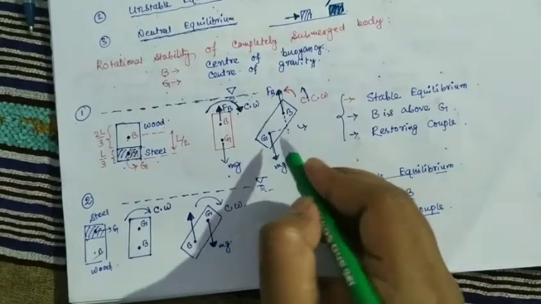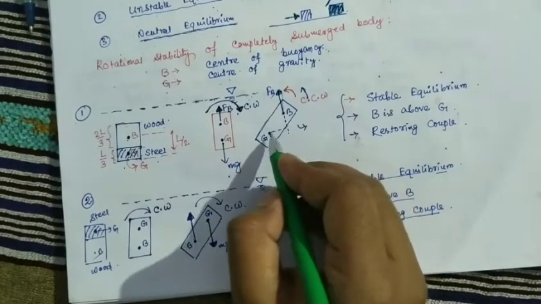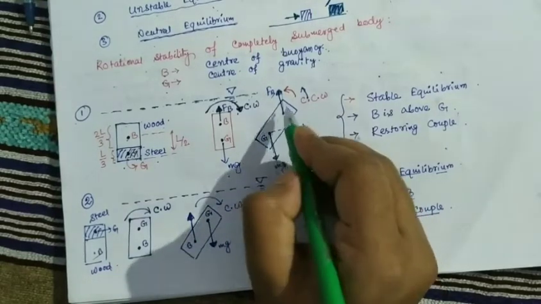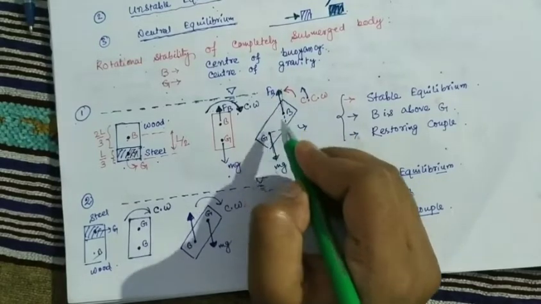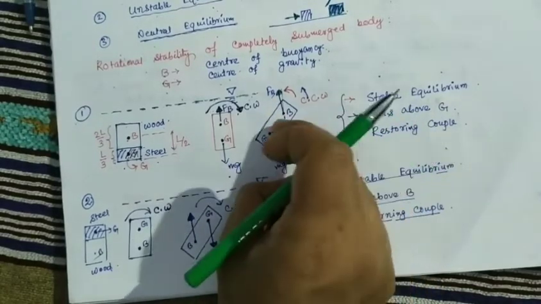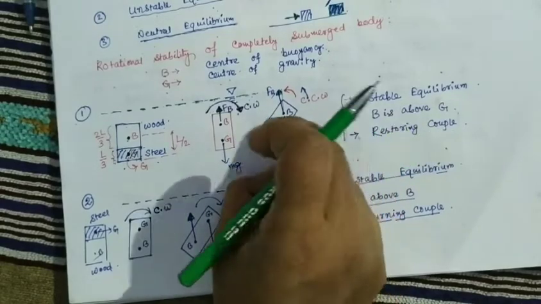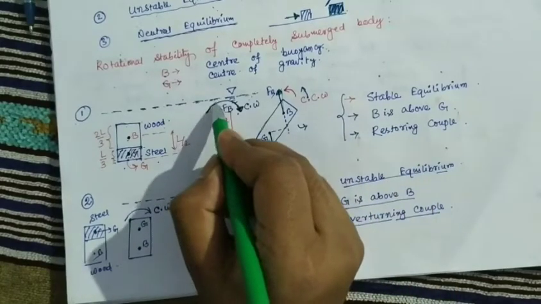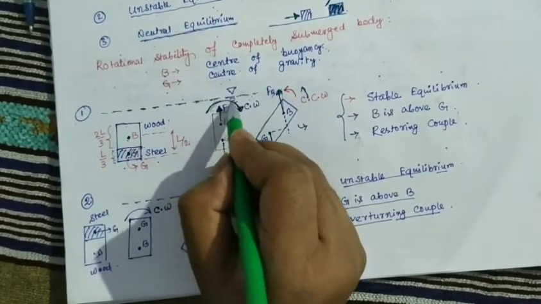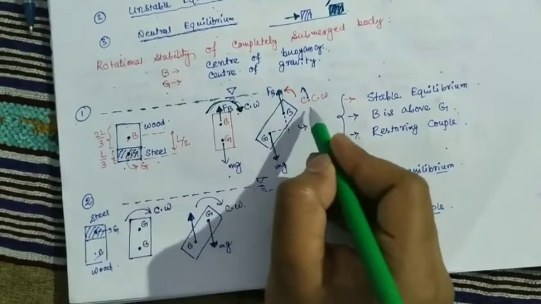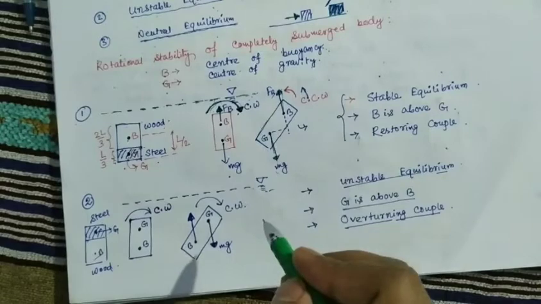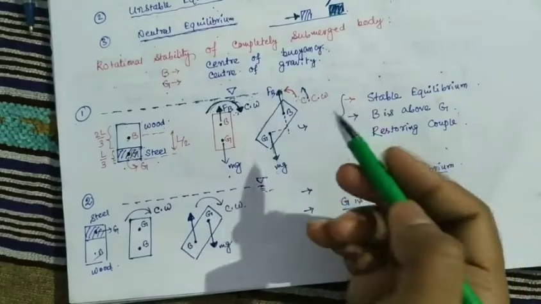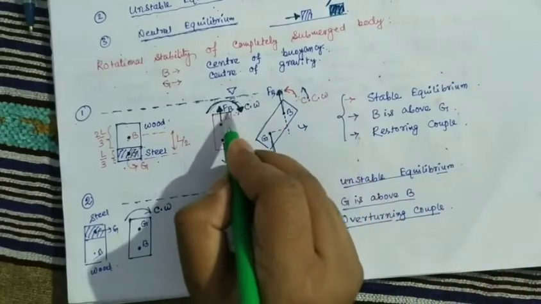Now just look, it creates a kind of couple, a restoring couple, in the anti-clockwise direction. I provided the body a clockwise rotation, but the body produces a counterclockwise rotation, opposite and of the same magnitude.